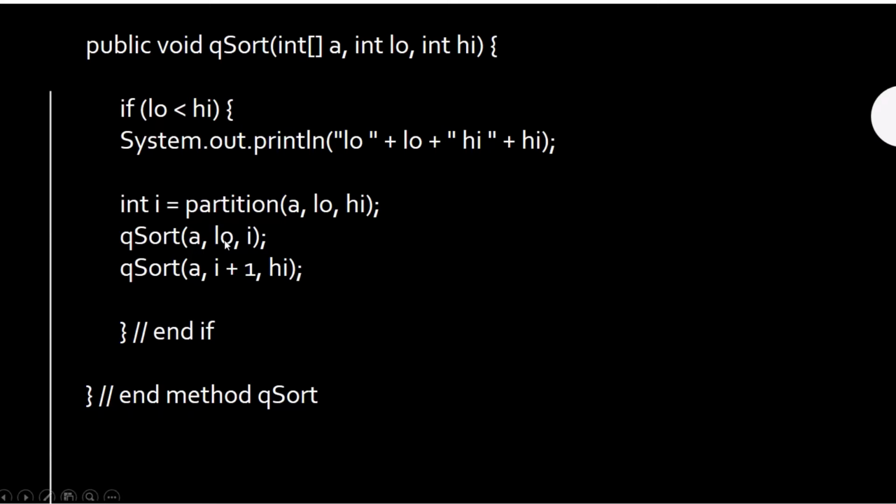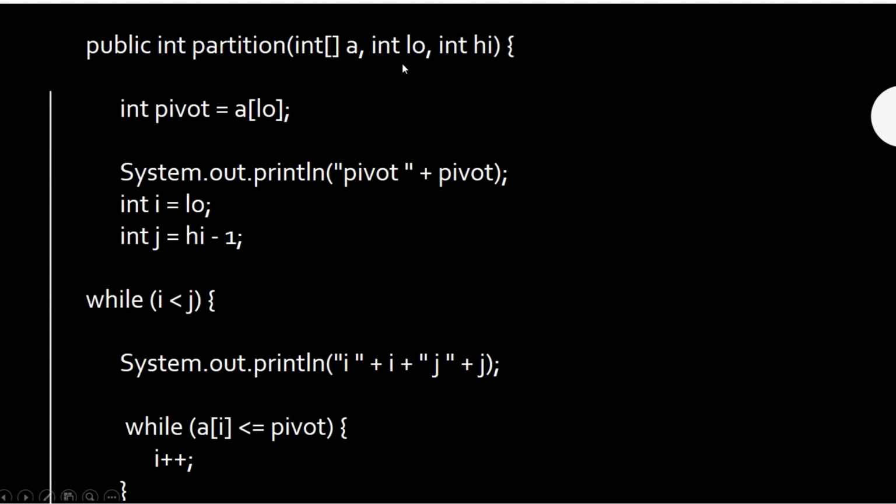Technically this is from low to high minus 1, because since we're starting at 0, then we'll be stopping at high minus 1. So this one too we call from high plus 1 to high minus 1, because we are not going to reach this high. It's going to stop at 1 less than the last value. So we call Quicksort recursively on each part.